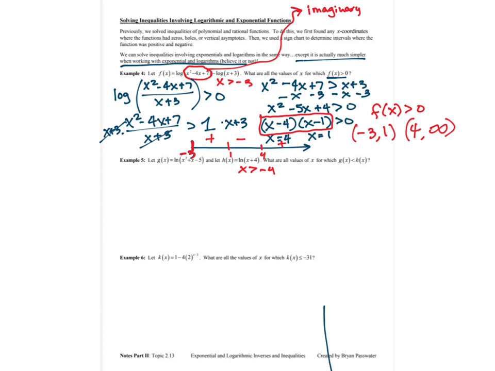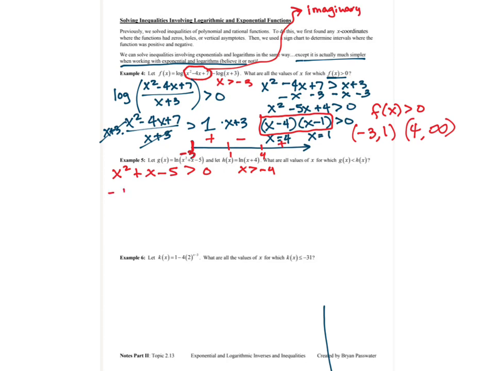The second thing that we know is x squared plus x minus 5 has got to be greater than 0. It's quadratic. It's not factorable. Enter the quadratic formula. And this one's not imaginary.